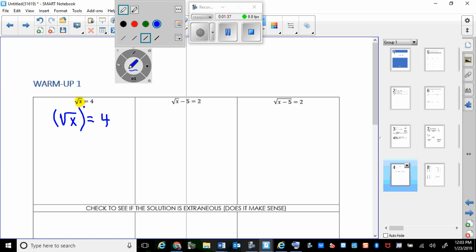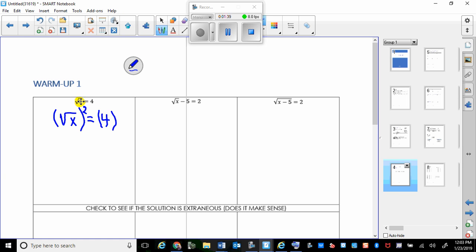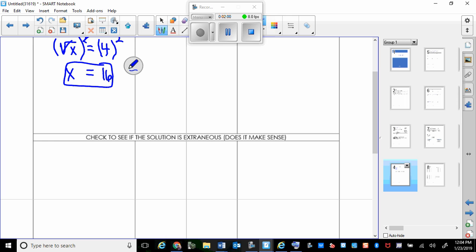The way you get rid of a square root is to square both sides of the equation. So squaring both sides allows the square to fall away as well as the radical, and all you're left with is x, and x equals 4 squared, or 16. Here's the answer.